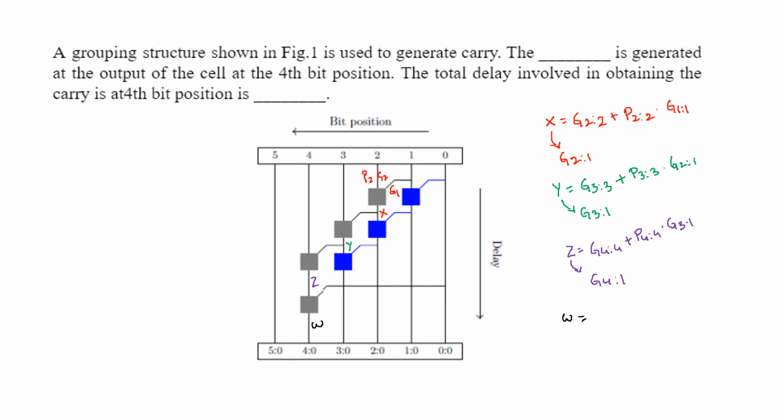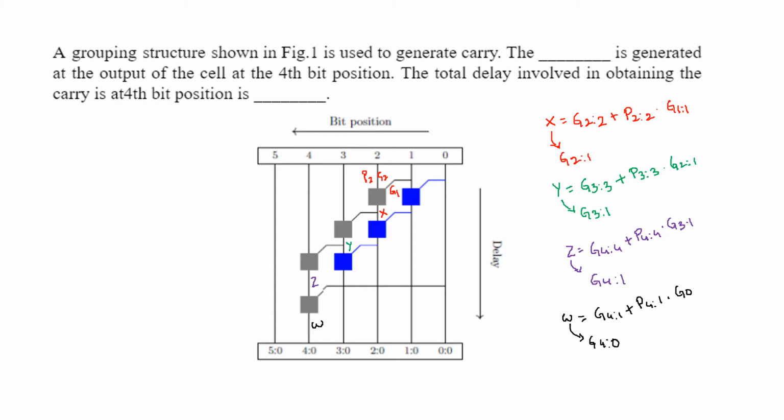So therefore I can write W is equal to G of 4:1 plus P of 4:1 dot G of 0, right? This is generate 0. This is one input and this is the second input. So therefore W gives us what? G of 4:0. So the answer to the first blank is, it is G of 4:0 is generated at the output of the cell.